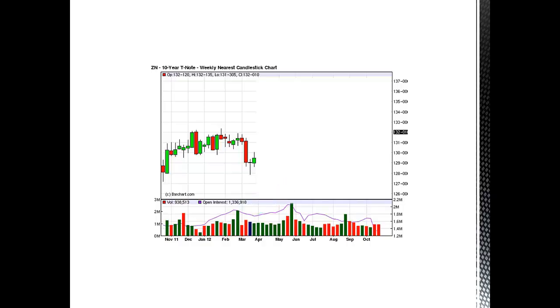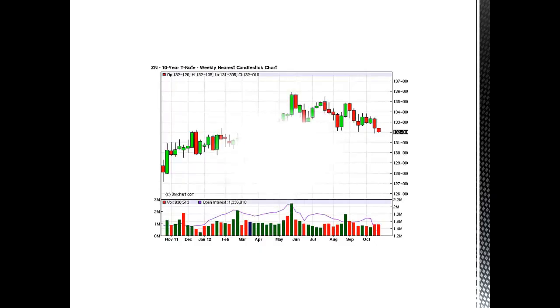Now, if the T-note is rallying up, that means the yield is going to be dropping. This is what happened later on going into the year: we saw that spring rally up, seasonally speaking. That is an inverse relationship between the bonds and bond yields.